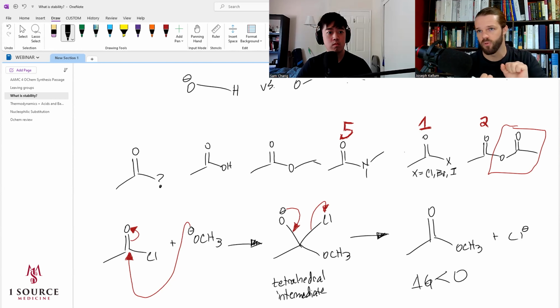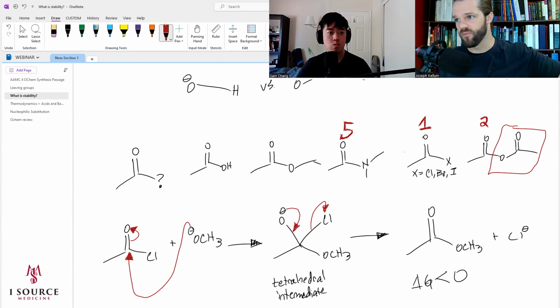And so it's just going to pull electron density from that carbon chain. And so you'll have a little bit of an electron donating effect. So if you want to call the charge on the hydroxide oxygen a -1.0, you can say this is like a -1.1 or something like that. Like it's really, really close, but the OR is just slightly less stable in solution.